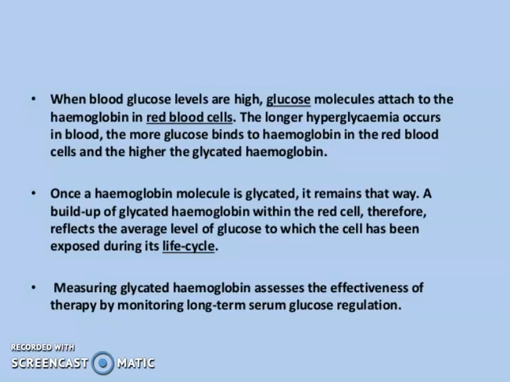Once a hemoglobin molecule is glycated, it remains that way, a build-up of glycated hemoglobin within the red cell. Therefore, it reflects the average level of glucose to which the cell has been exposed during its life cycle. Measuring glycated hemoglobin assesses the effectiveness of therapy by monitoring long-term serum glucose regulation.